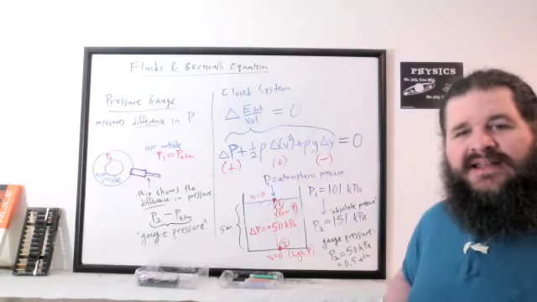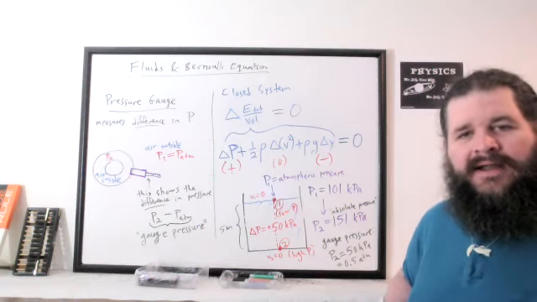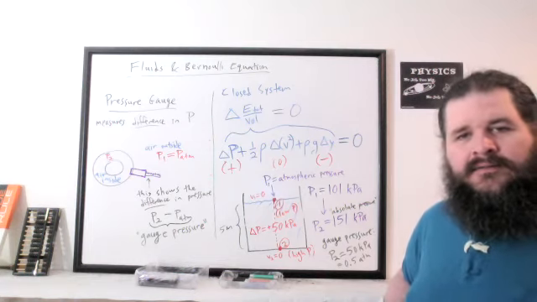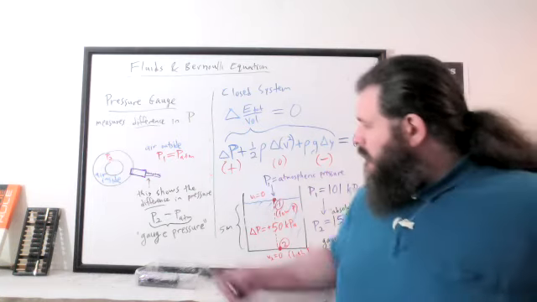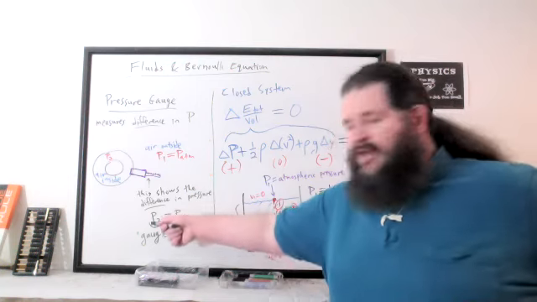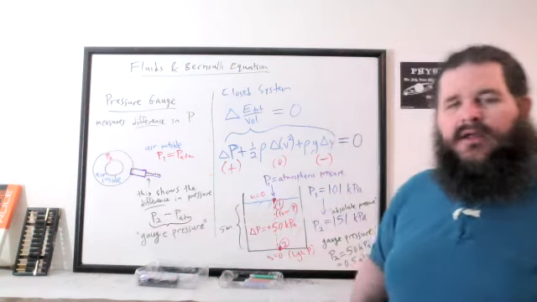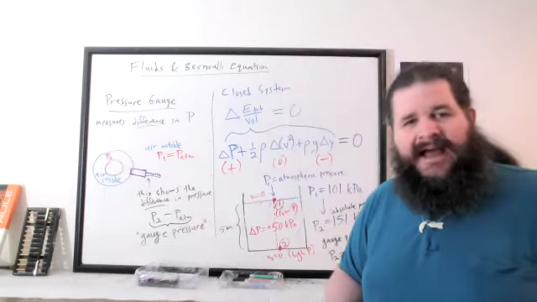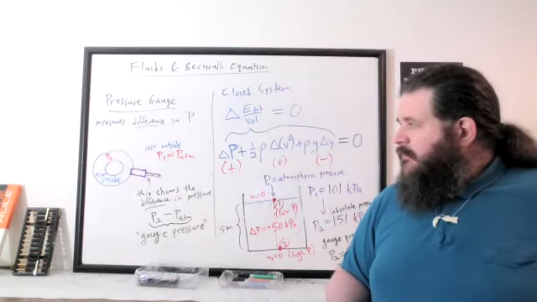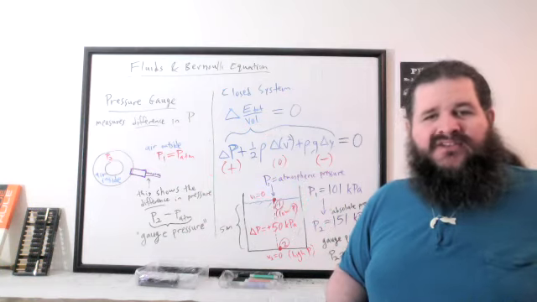No change in pressure from where, or from what? Yeah, from the atmosphere. If the gauge pressure is 0, the only way this could be 0 is if P2 is atmospheric pressure. So if your bike tire has the same pressure as the atmosphere, if it's completely flat, then the gauge pressure will be measured as 0.